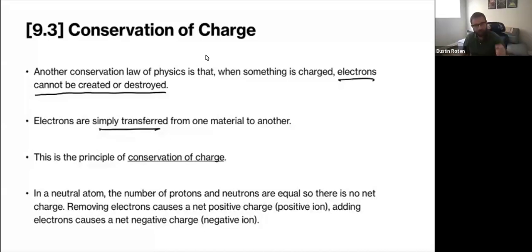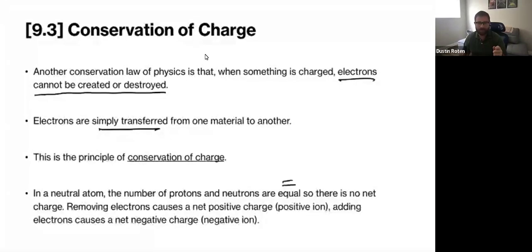But if you have 2 and 2, and you remove an electron, then you get more positive than negative. So the removal of these electrons creates a positive ion. So then it would have a net positive charge.